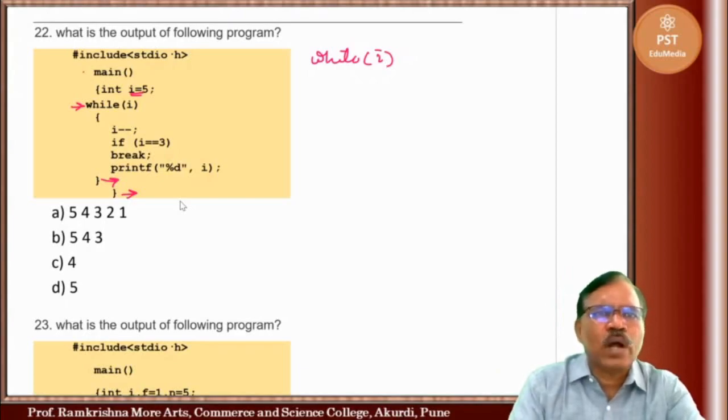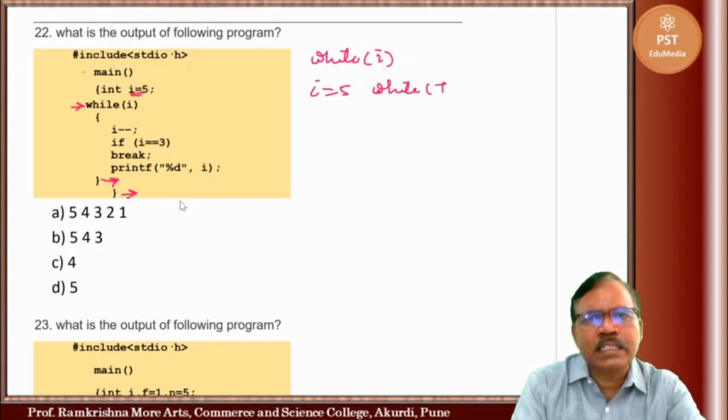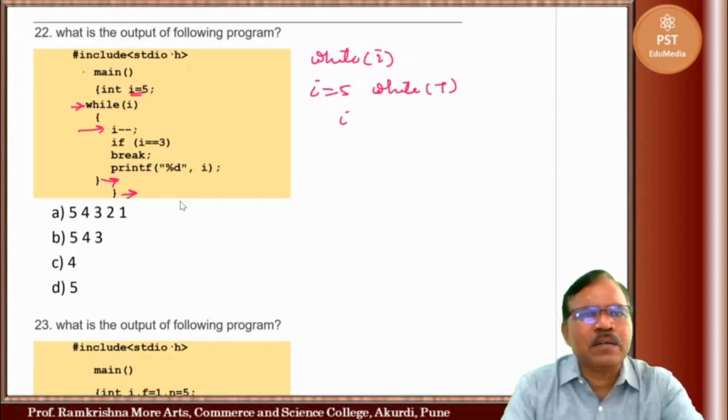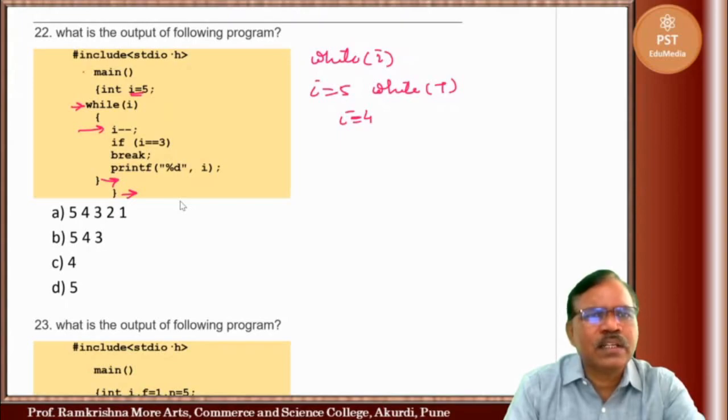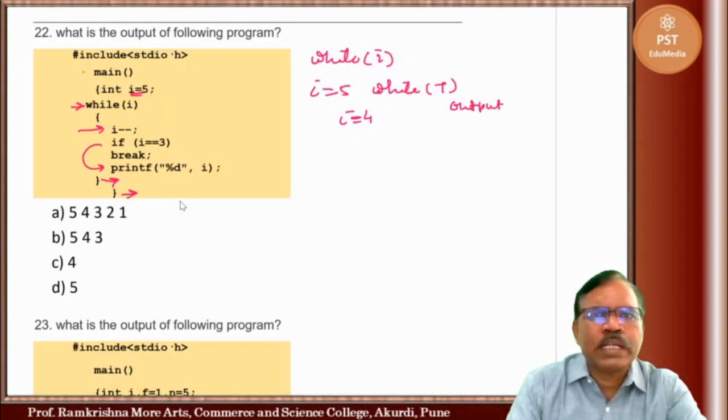So initially i equals 5, the while condition is true, i-- so i becomes 4. If i equals 3, no, so printf prints i. What is printed? 4 is printed.